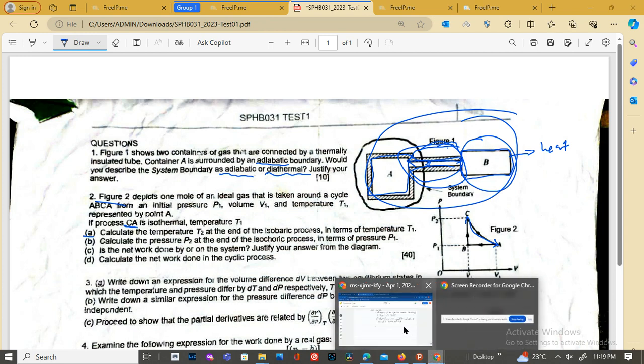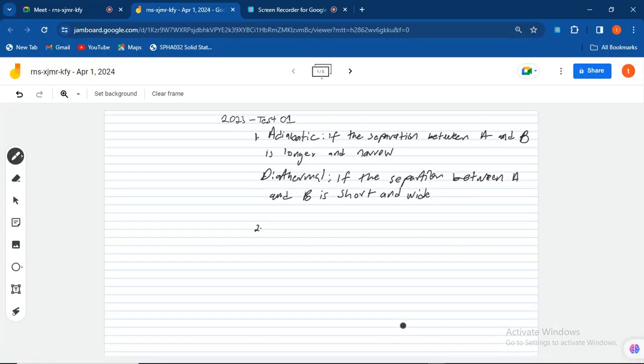This is question number 2, and it's A. We have this equation that we know of, PV equal to nRT for ideal gas.